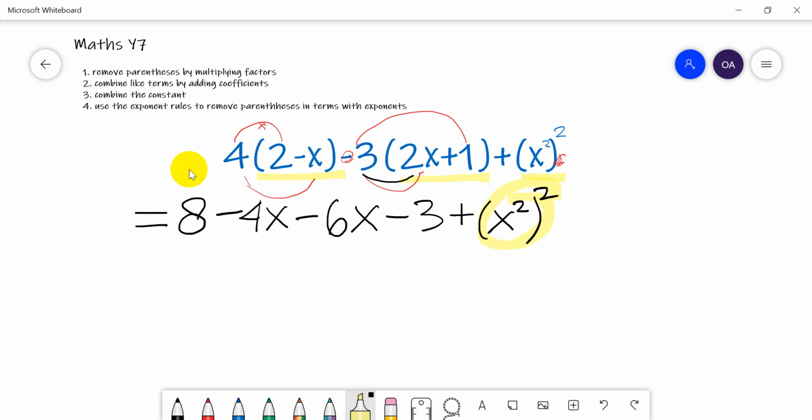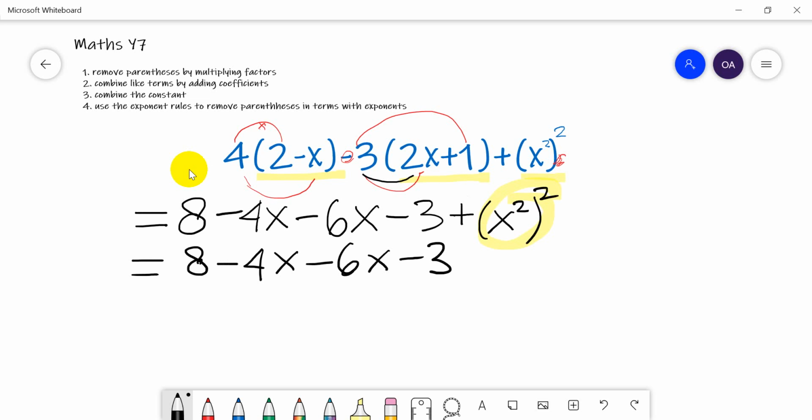So x to the power of 2 to the power of 2 becomes x to the power of 4. So I will write it again: 8 minus 4x minus 6x minus 3 plus x to the power of 4.